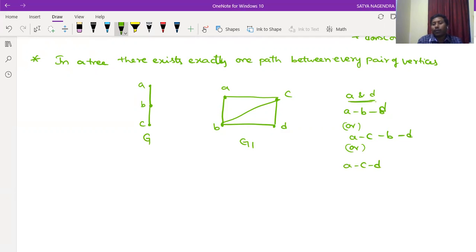More than one path exists. So if it is a tree, definitely between every pair of vertices, there exists only one path. These points you have to observe, and if you want to test whether the given graph is a tree or not, you can check this point also.